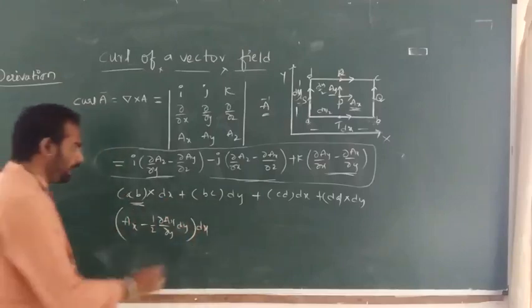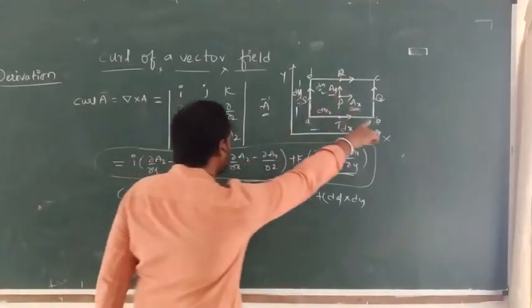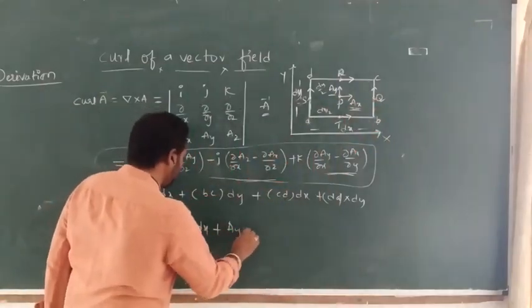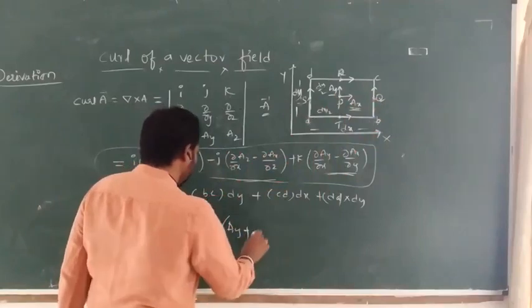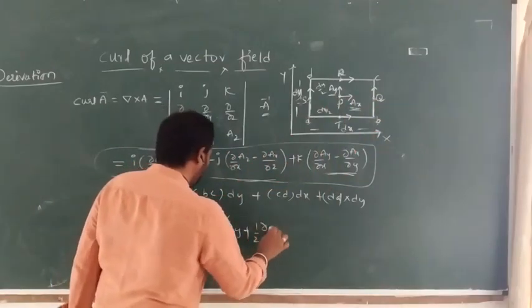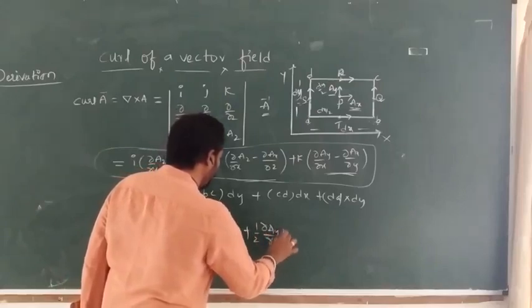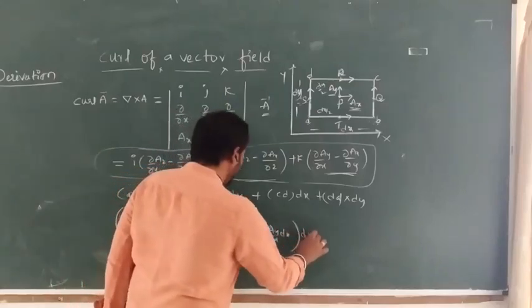Plus along BC, the value is Ay plus half dou Ay by dou x into dx, into dy.